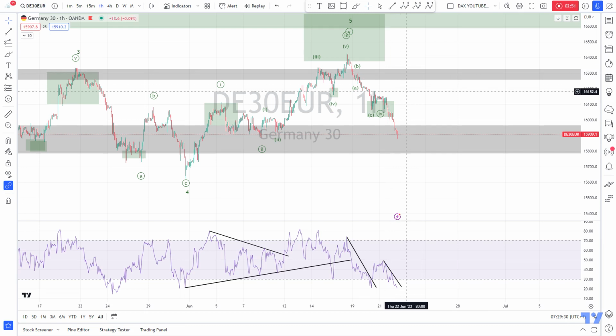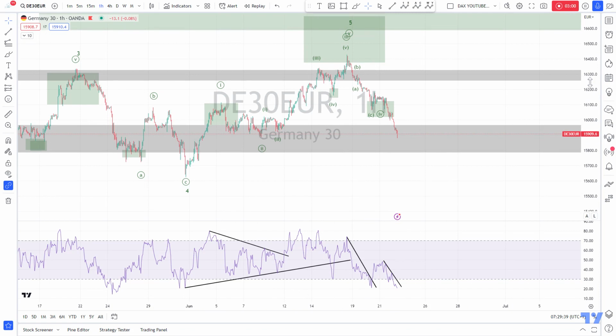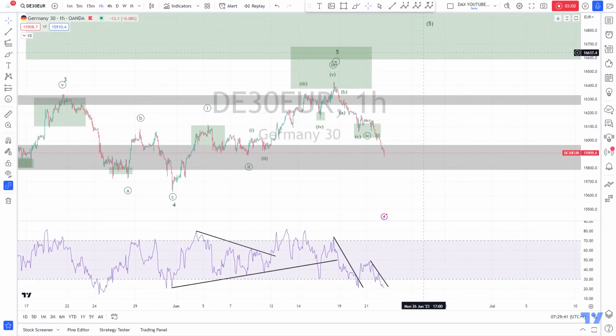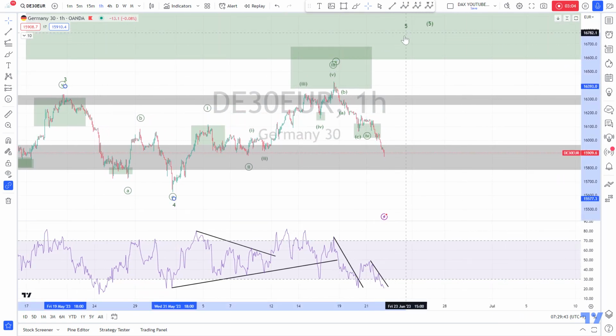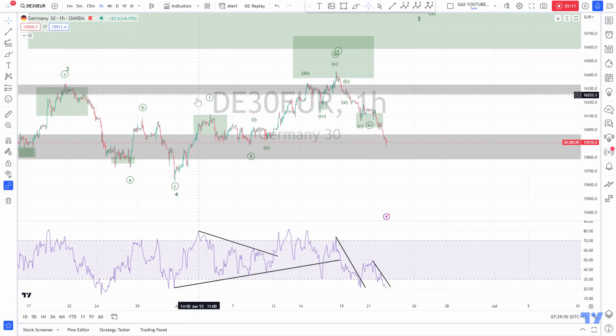So this is what we had yesterday. So now it's clear that we have a complete structure here, 5 waves up. That does not have to be this wave 5. For now, let's just forget about this wave 5 here. The only thing that is important for trading now is the structure from here till current price.